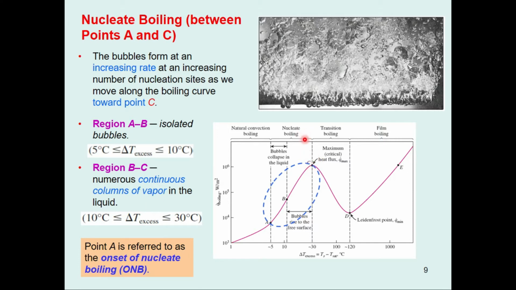The question is why we say that this is the nucleate boiling. So in this boiling regime, the bubbles are generated from the bottom. So bubbles are nucleated or formed or generated from the bottom. So this is the kind of nucleation process. So this regime is known as the nucleate boiling.